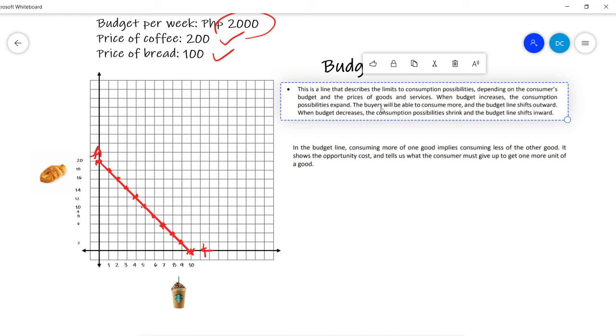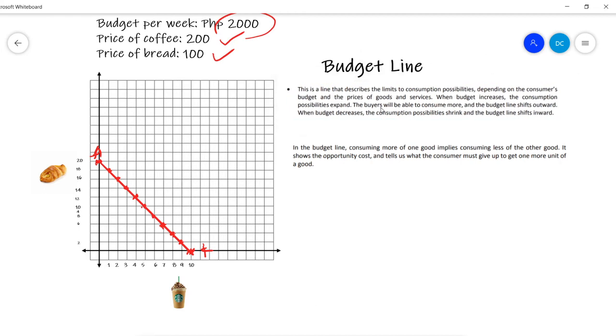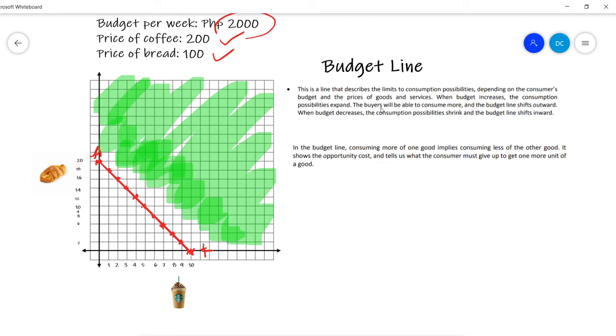So ngayon, if this is the budget line, lahat ng points that lie in here, beyond the budget line, lahat ng andito are impossible consumption bundles. Meaning, hindi natin afford lahat ng combinations na nandito. Lahat naman ng points that lie below the budget line, afford natin yon.